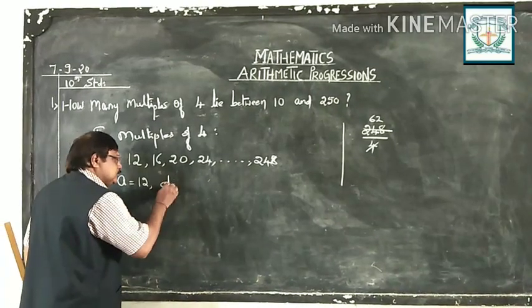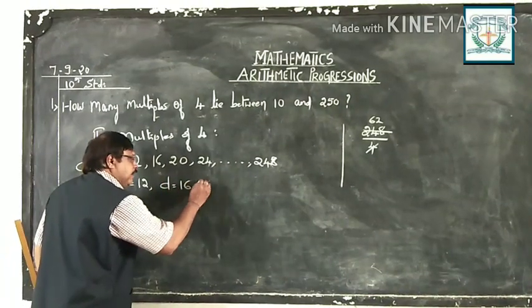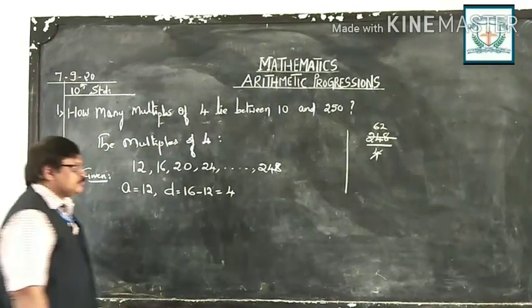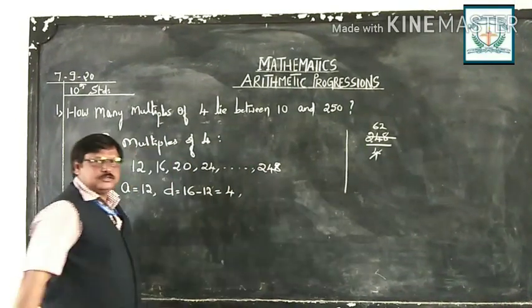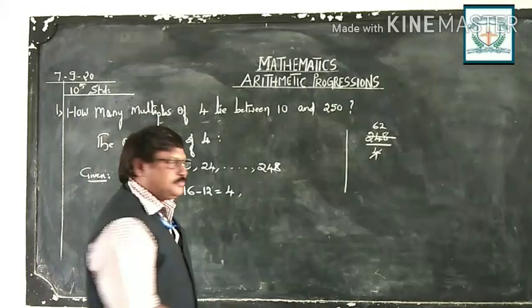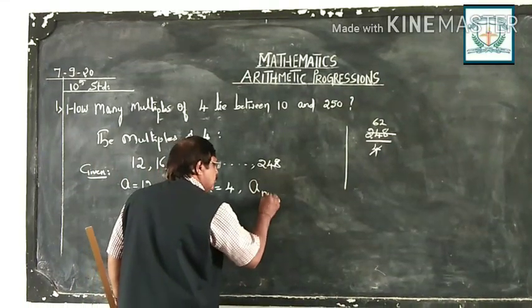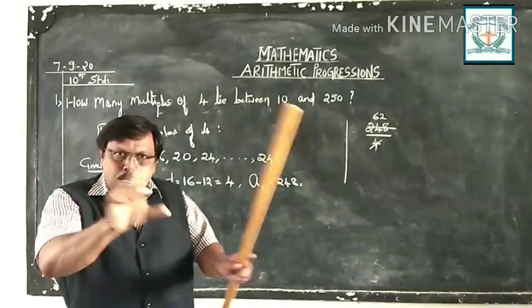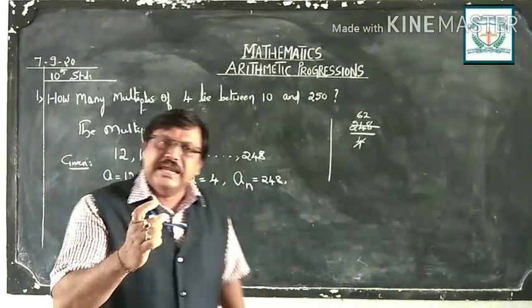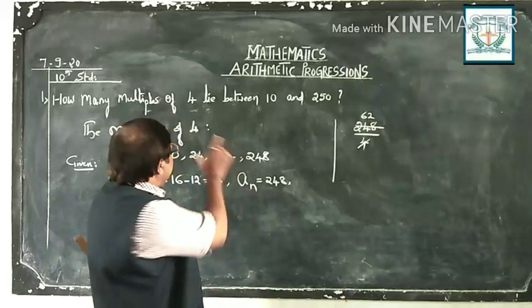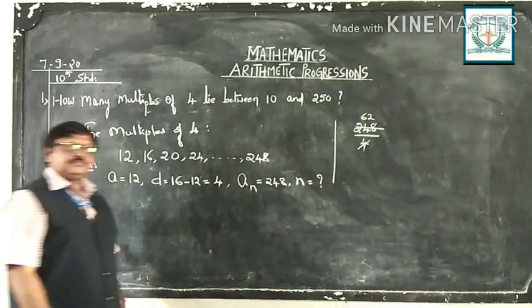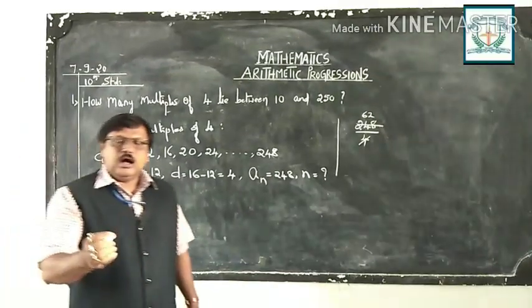The difference, 16 minus 12, is 4. Keep this 248 as the last term, the nth term, 248. How many multiples means how many numbers are between these? n is equal to question mark. How to find this?